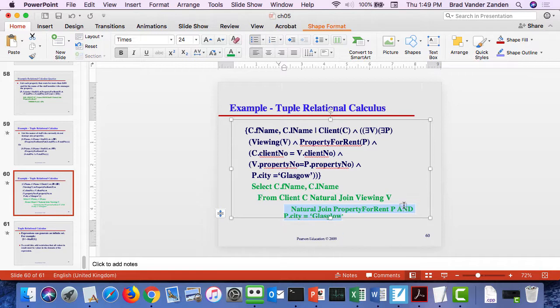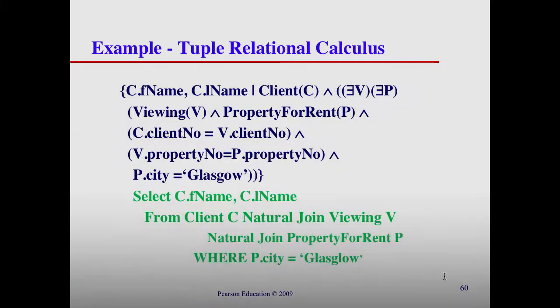It's not and, it's where. Where P.city equals Glasgow, and I need a semicolon too. So that's the comparable SQL query. Okay?